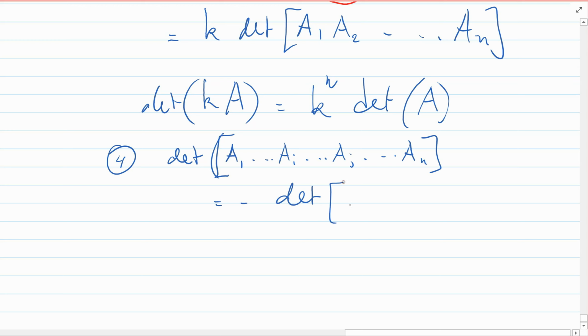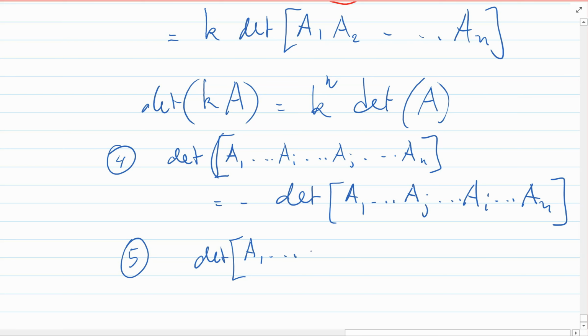So this will give us A1, ..., Aj, ..., Ai, ..., An. So if you take two columns and interchange them, the determinants become opposite to each other. And the same goes for the rows. If you interchange two rows, then you end up having that minus out.